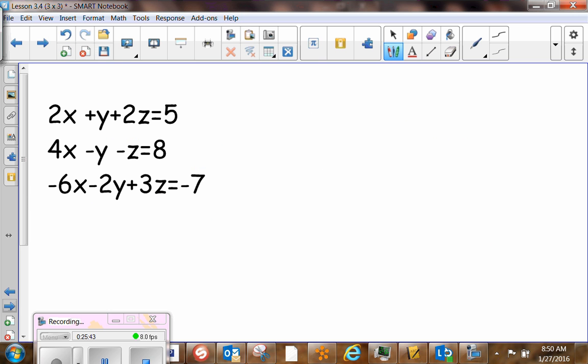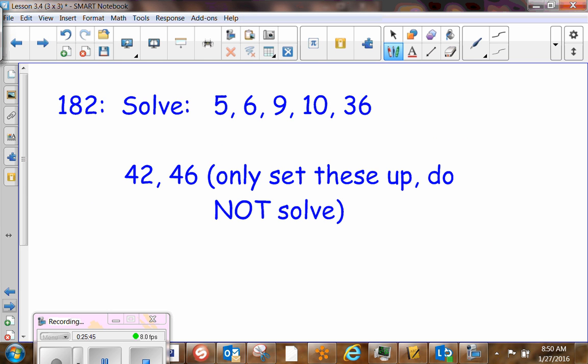All right, so I'm not going to do any more, you've got it. Notice these two, do not solve these two, only set them up. And I will even go so far as to tell you what the answers are ahead of time, so that when you're working, if the first variable comes out wrong, you know to stop and go look for a mistake, and we'll get to the end and figure it out.